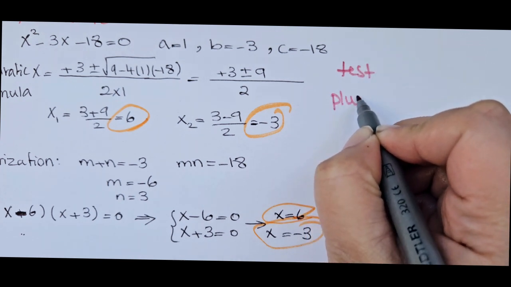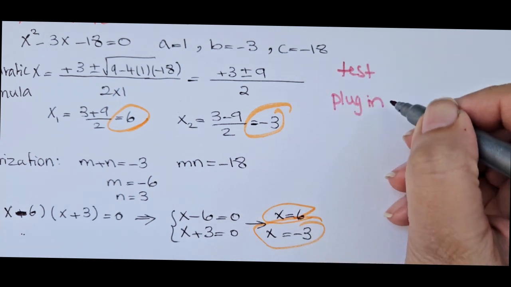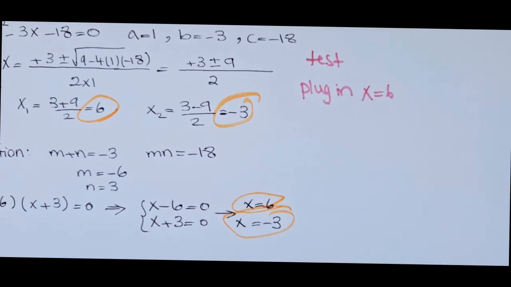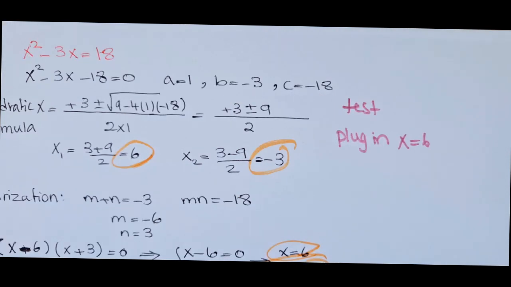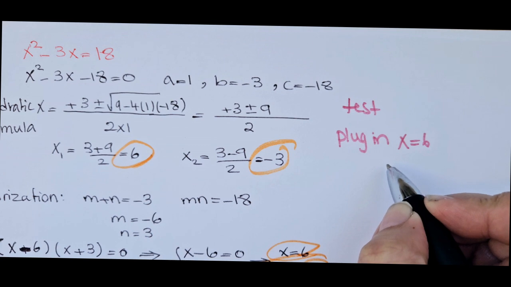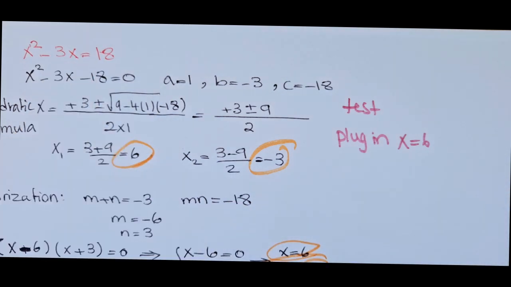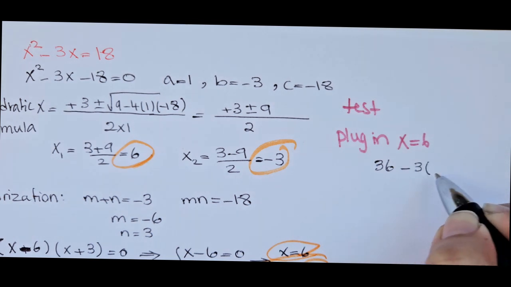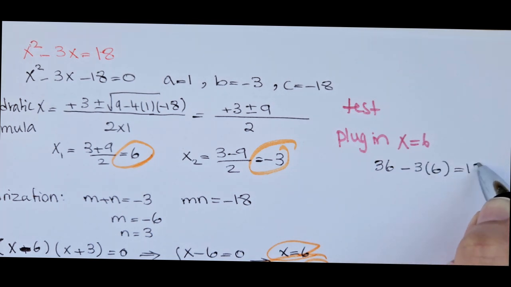So first I plug in x is equal to 6 and see if both sides are equal. So here I will just substitute in the original equation. So x squared is 36 minus 3 times 6 must be equal to 18.